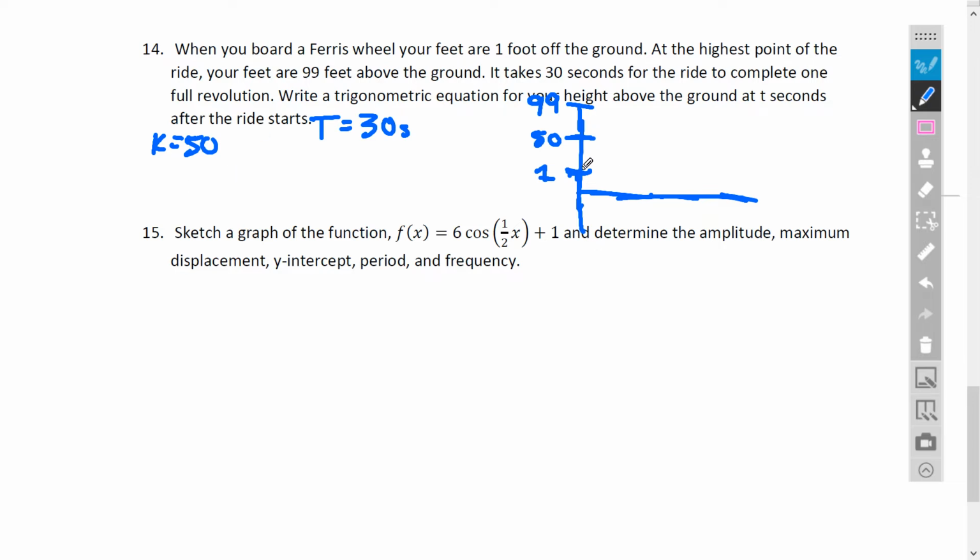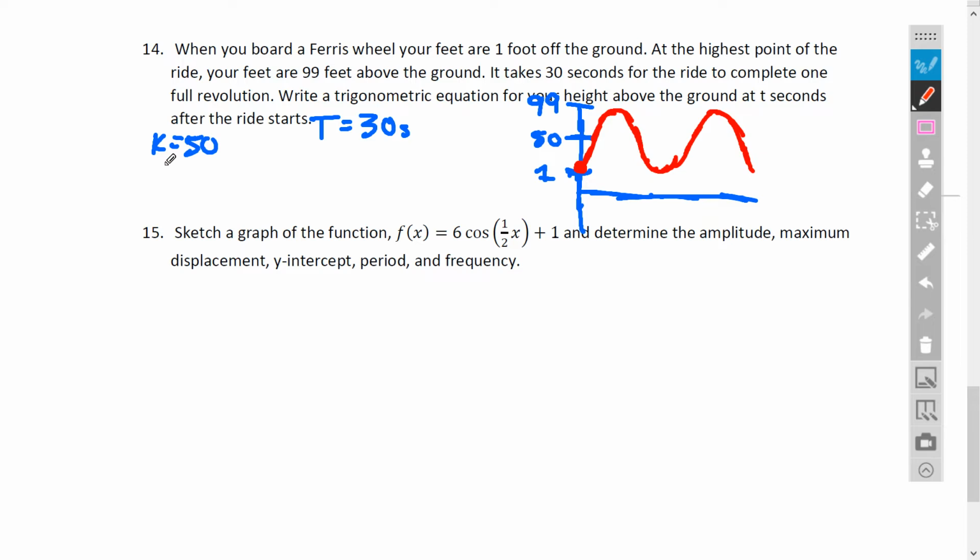All right, so what do we want to do here? Essentially what's happening is you start at the bottom. Remember, on a Ferris wheel, you start at the bottom. So we'll start down here, going up, coming back down, kind of like that. And then it repeats itself. The period is 30 seconds.